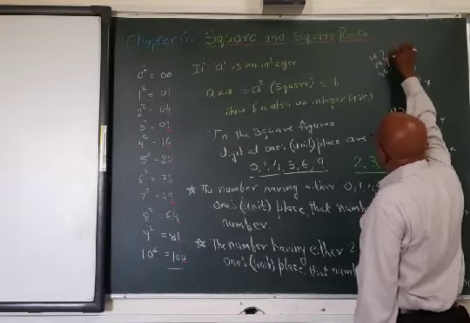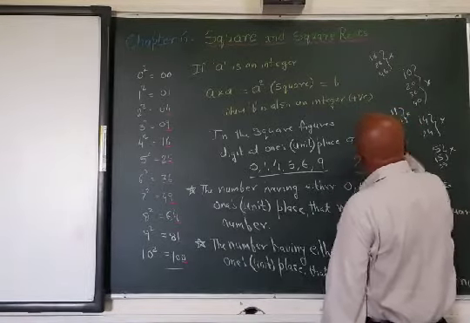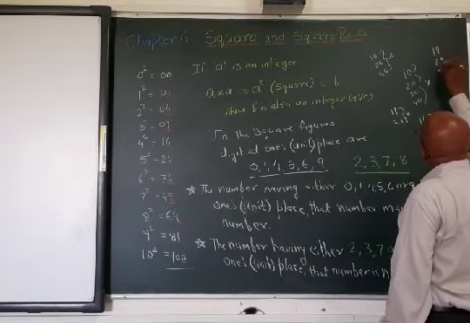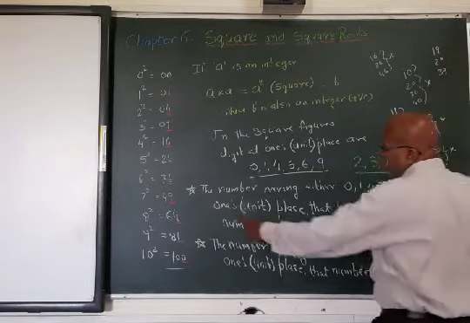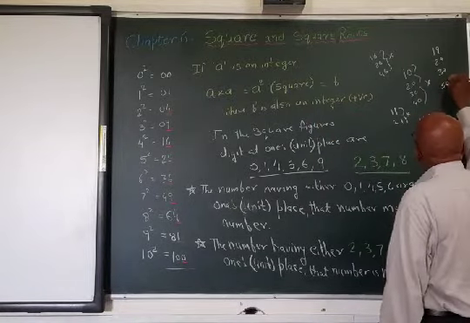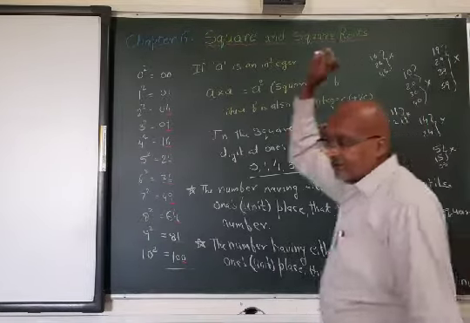These are not perfect squares, though 6 is at the unit place. Then comes 9, then you can write 19, 29, 39, 49 is a perfect square. Leaving 49, say 59. These all are not perfect squares.